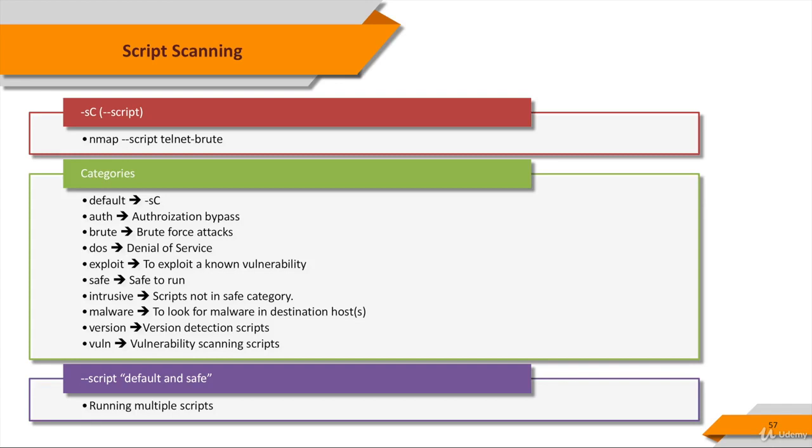Nmap contains scripts for brute forcing dozens of protocols, including http-brute, oracle-brute, snmp-brute, etc. DOS scripts may cause a denial of service. Sometimes this is done to test vulnerability to a denial of service method, but more commonly, it's an undesired but necessary side effect of testing for a traditional vulnerability. These tests sometimes crash vulnerable services.